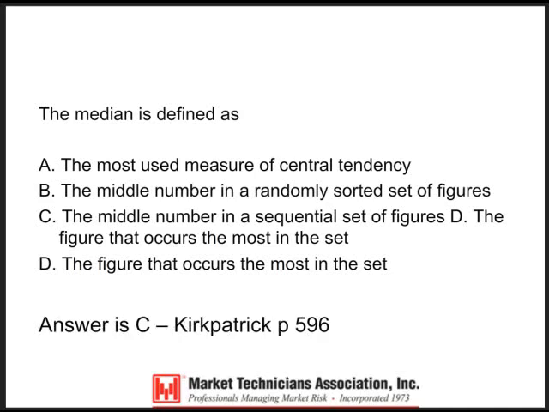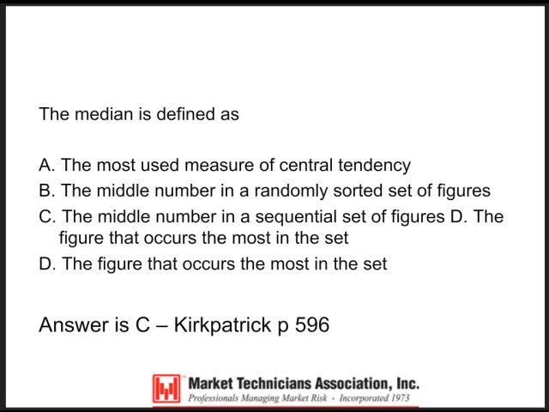A little bit all over the board here. The median defined as, and certainly B looks good as it's the middle number, but it's a randomly sorted set of figures, and that's not what we want when we're talking about the median. We're talking about the middle number in a sequential set of figures.